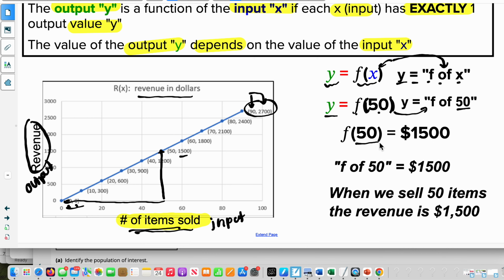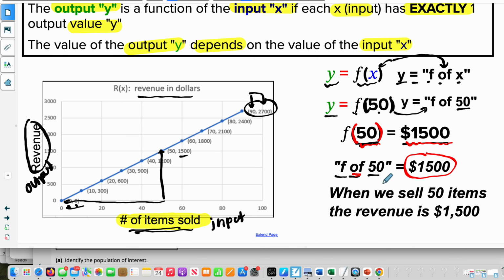So f of 50, input 50 items sold, is equal to, or gives me, a revenue of $1,500. I can say that as f of 50. The "of" refers to these parentheses. f of 50 is equal to $1,500. I input 50 items, I get an output of $1,500 revenue.